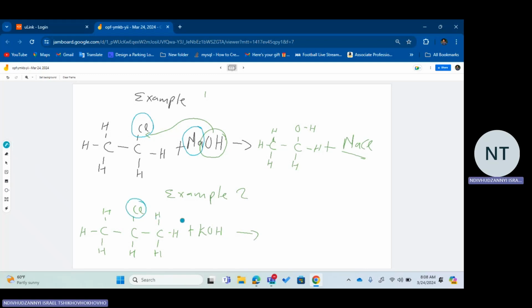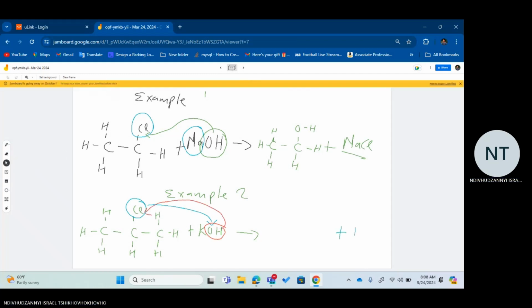We take our Cl and replace OH. Then we take the OH and replace our Cl. Then we're going to form salt and an alcohol.